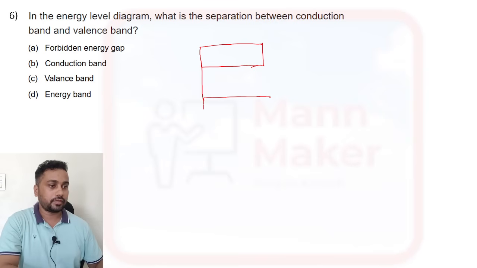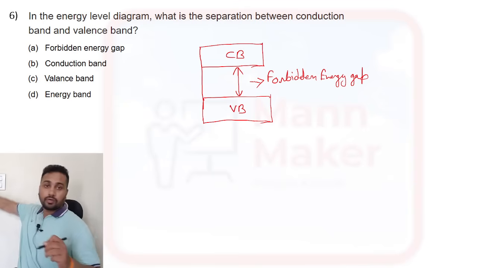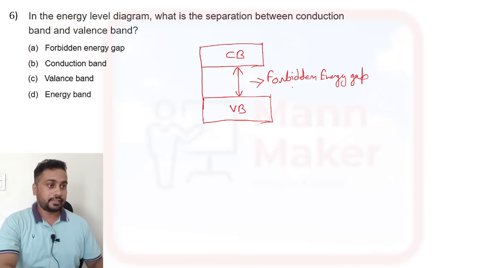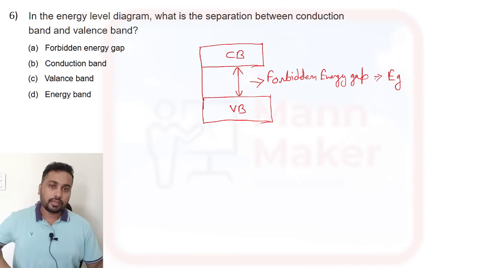This is the conduction band and this is the valence band, and the separation between them is called the forbidden energy gap, denoted by Eg.